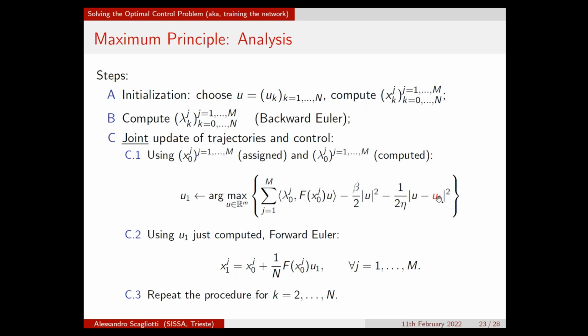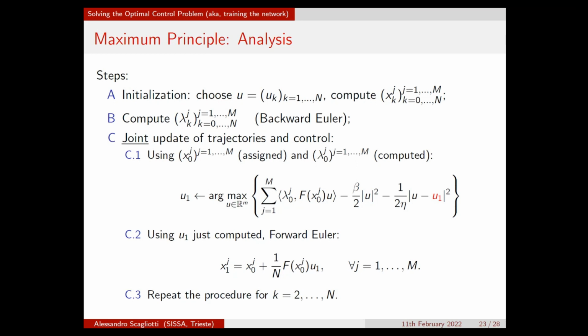The partial answer to your question is that I can take beta very small because part of this regularization is provided by the very last term. In order to maximize this, the value of u cannot be too large, so u is somehow controlled.